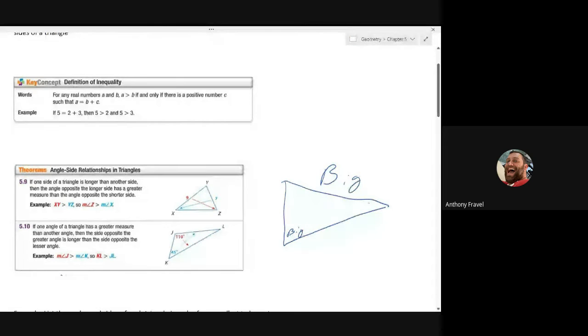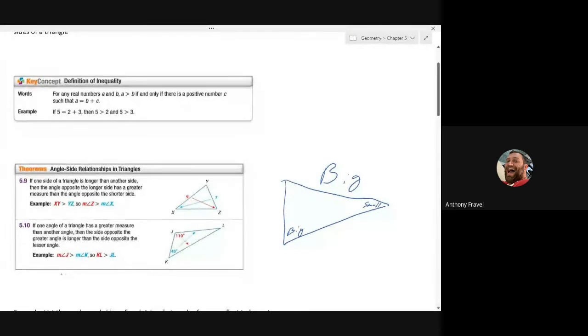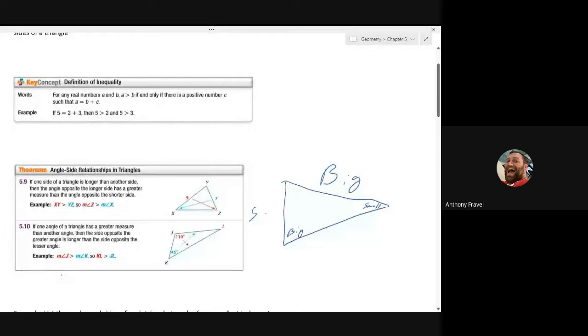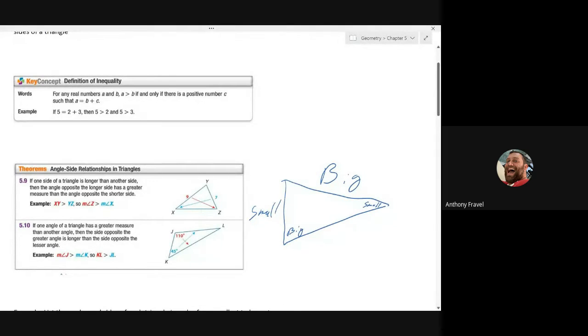And the smallest side is going to correspond to the smallest angle as well. And then the middle side will be the middle angle. Again, nothing too crazy, that's really what those theorems are saying. The biggest angle goes to the biggest side, the smallest angle goes to the smallest side, and in reverse, the smallest side goes to the smallest angle, the biggest side goes to the biggest angle.